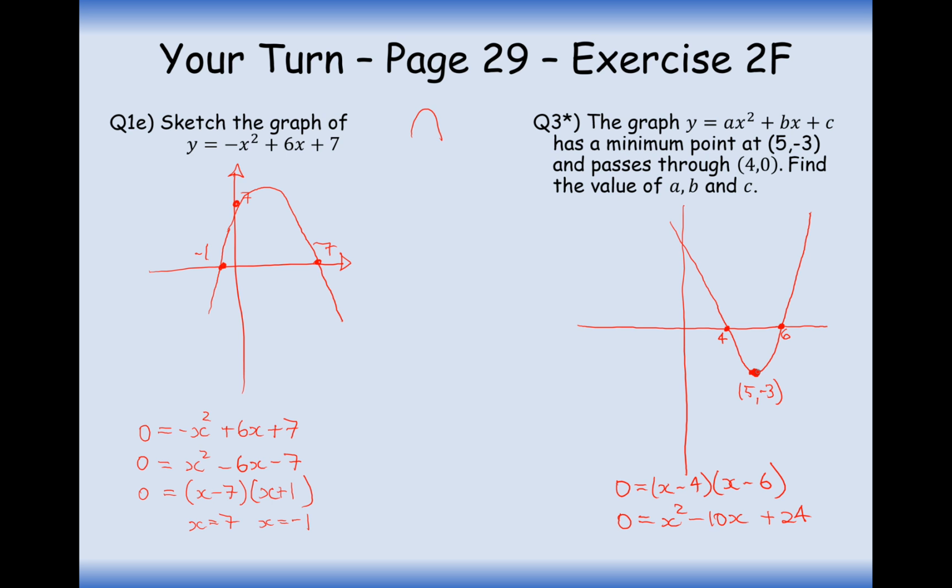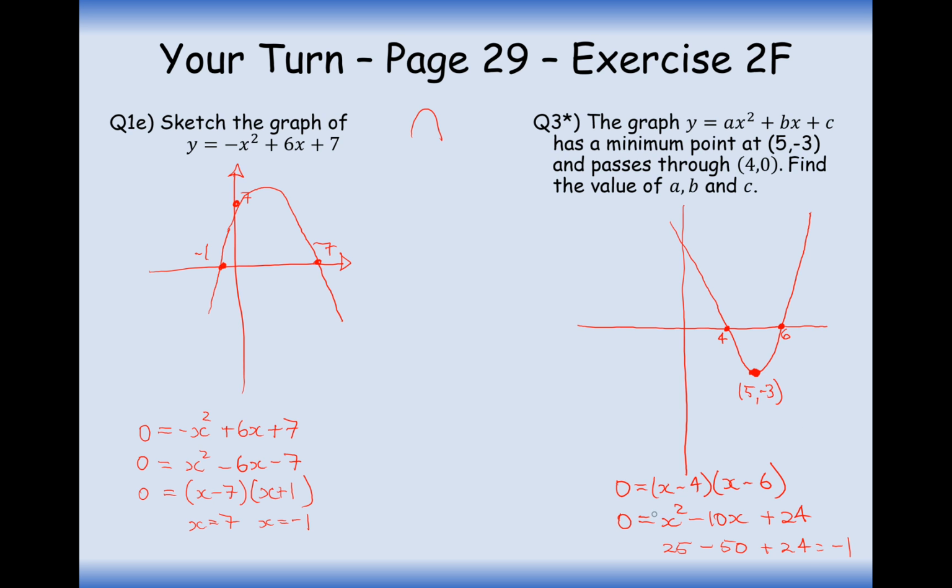Now let's just make sure that this goes through the point (5, -3). So when I plug in 5 here, what I'm going to get is 25 minus 50, add 24, and that's going to give me minus 1. So that's not what I want. I want minus 3.